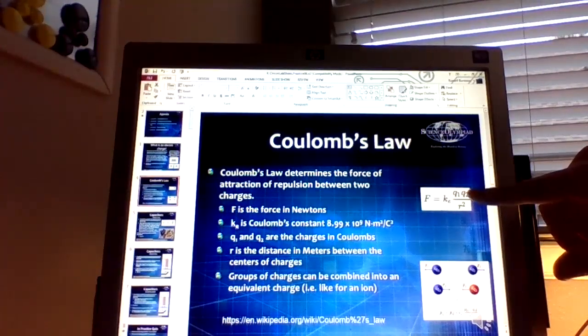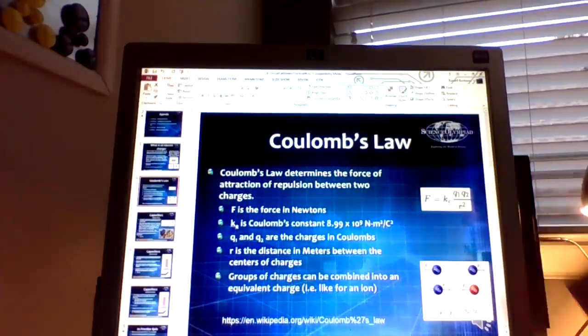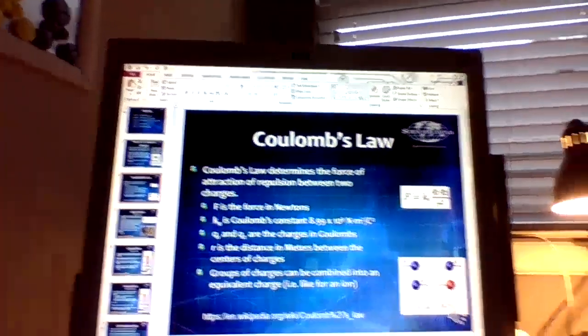Well, that ends up being 10 to the 3. And so that's 10 to the 12 divided by r squared. And this is where I made the math a little easier. R squared, 1 squared is 1. So you divide any number by 1, it's the same. So that's how it comes out to 8.99 times 10 to the 12th.